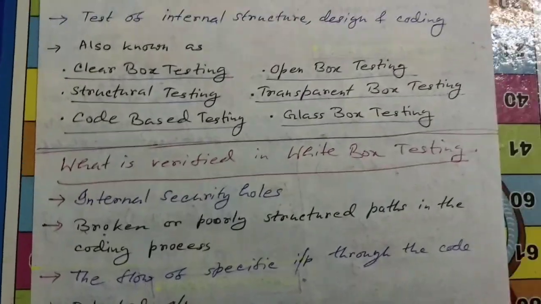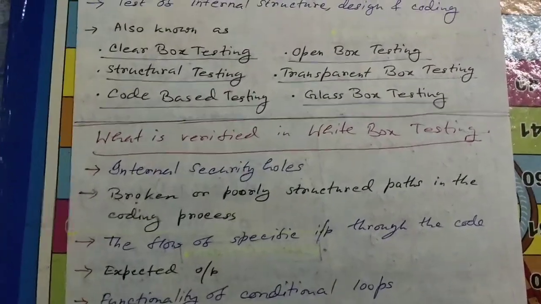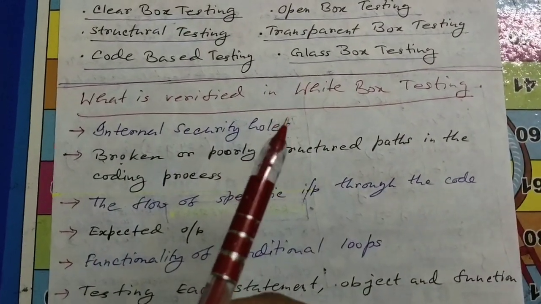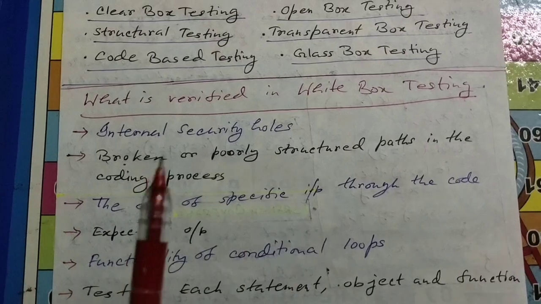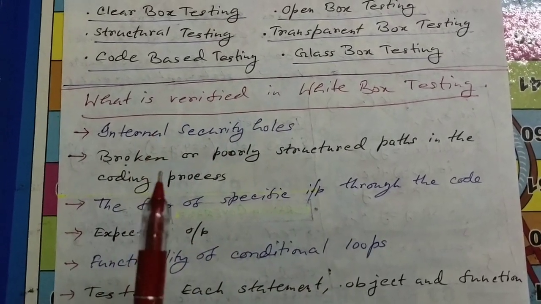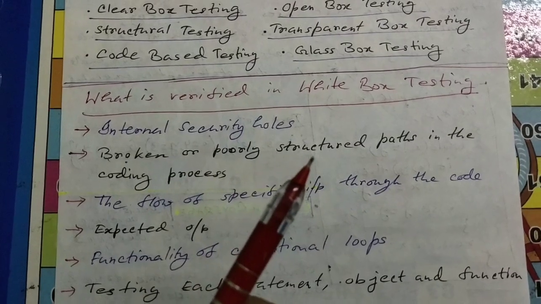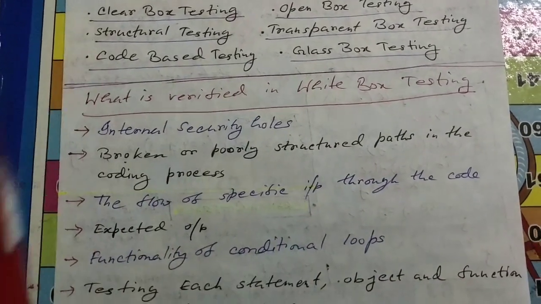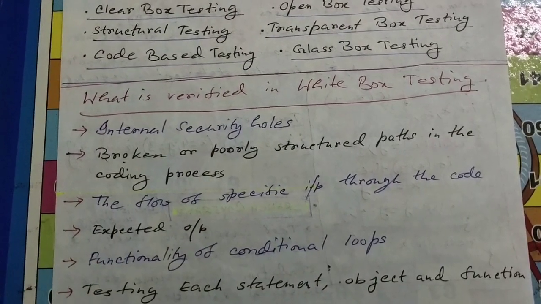Now, what is verified in white box testing? Internal security holes. If there is any fault in security, that can be verified. Broken or poorly structured paths in the coding process are also verified in white box testing.